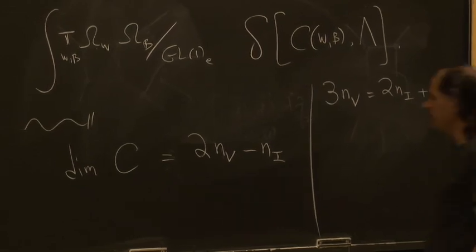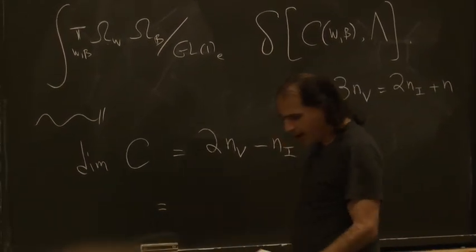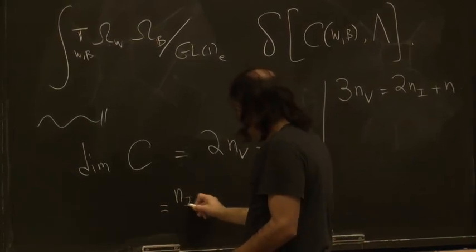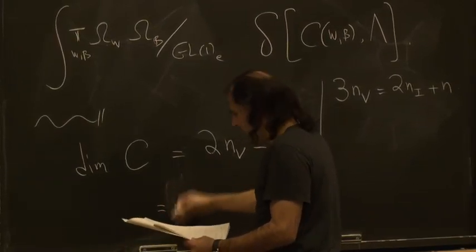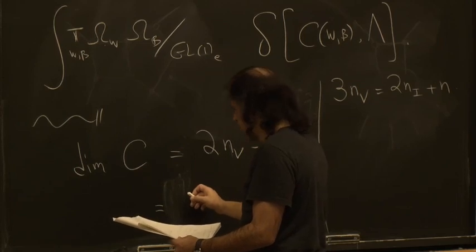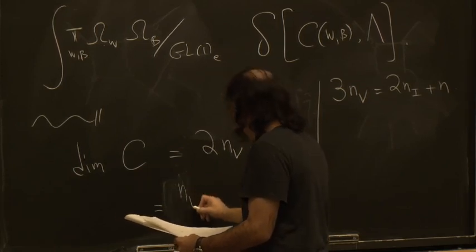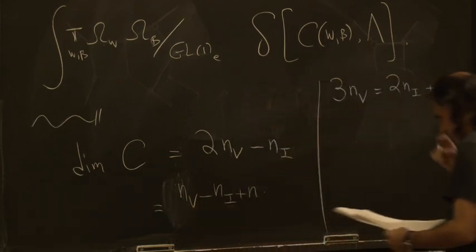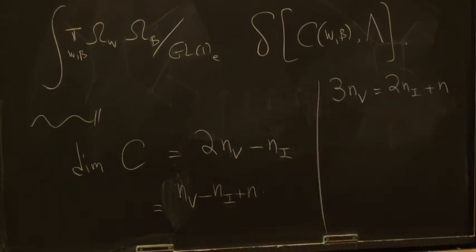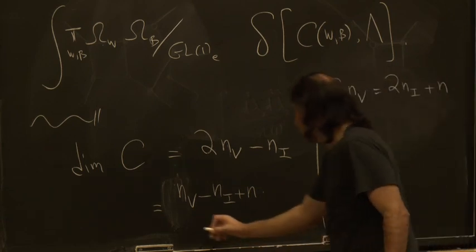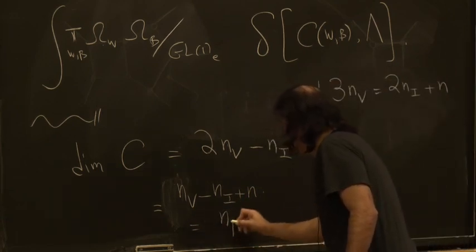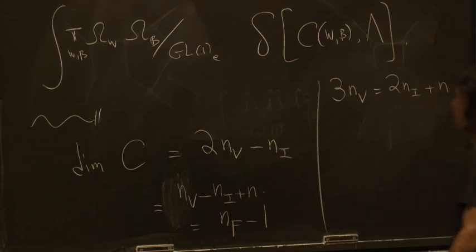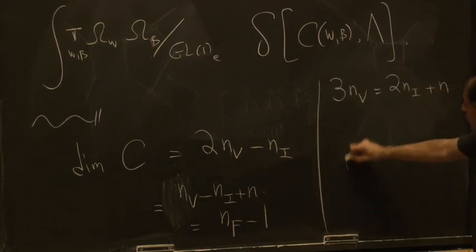And therefore, the dimensionality of C is also given by n vertex minus n_i plus n, which is actually the number of faces of the graph minus 1, where the number of faces includes the boundary faces.